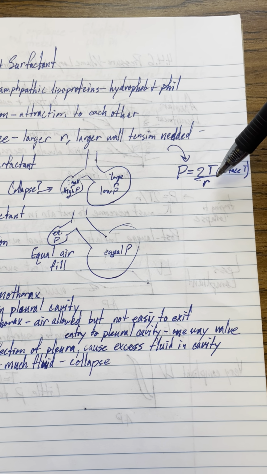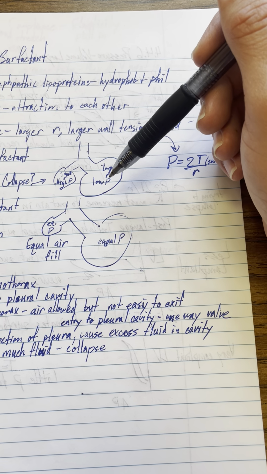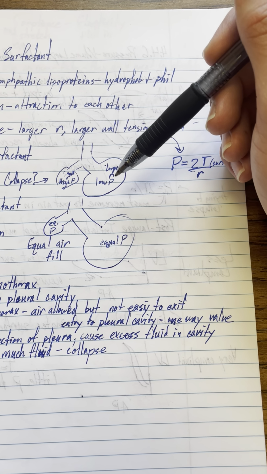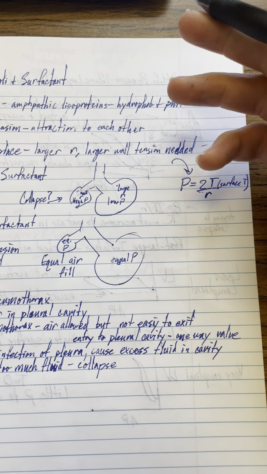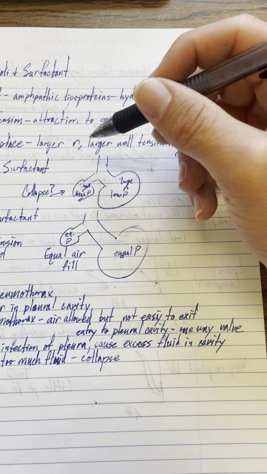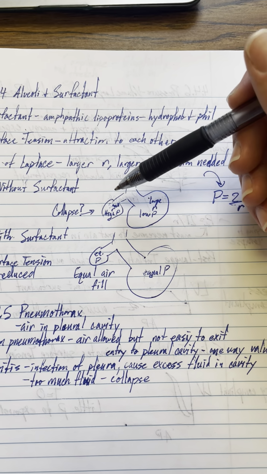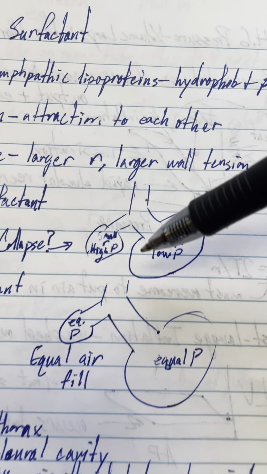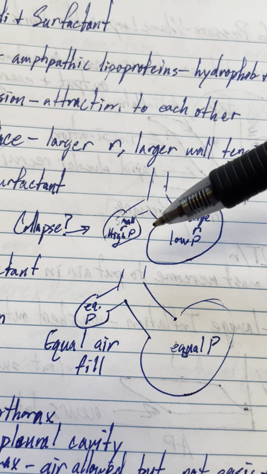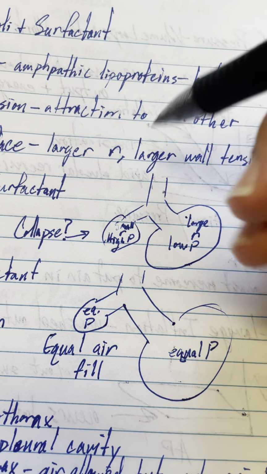If you increase the radius, the water molecules are spread farther apart so they attract each other less, so you're less likely to collapse. You have a large R, low pressure to collapse. But say you had a small radius, then water's going to attract and it's going to want to collapse this alveoli.